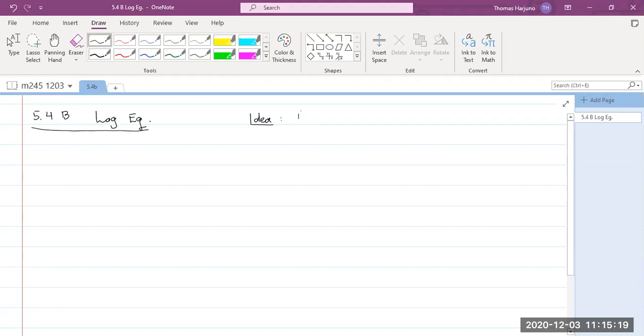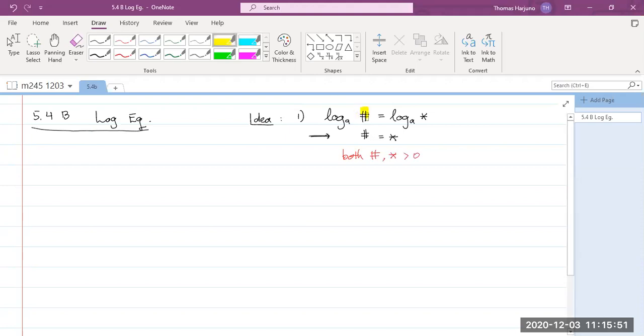The first one is this: if you have log base A of blah equals log base A of blah by one-to-oneness, then blah must equal blah. With an extra note that both blah and blah have to be strictly positive.